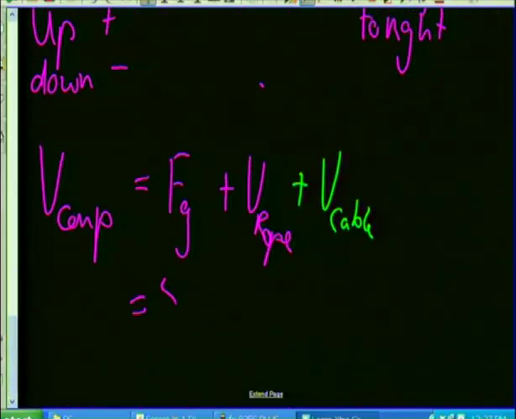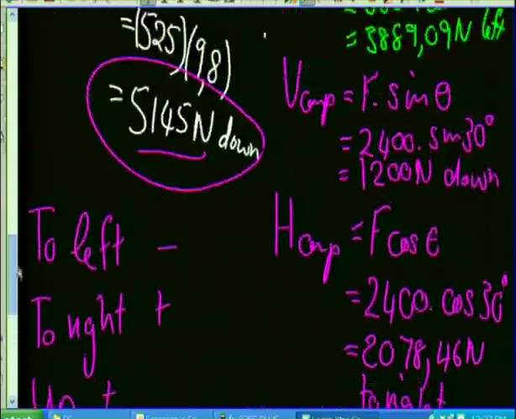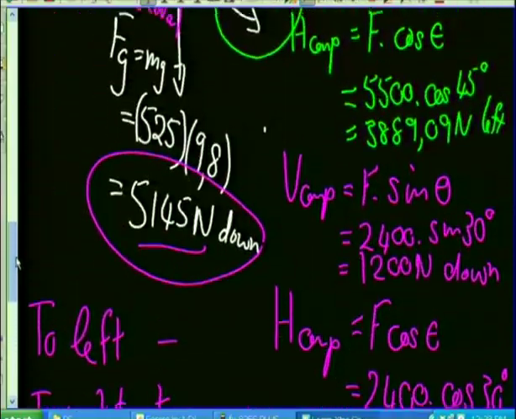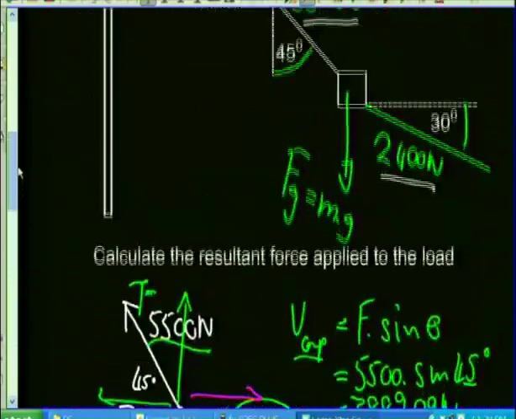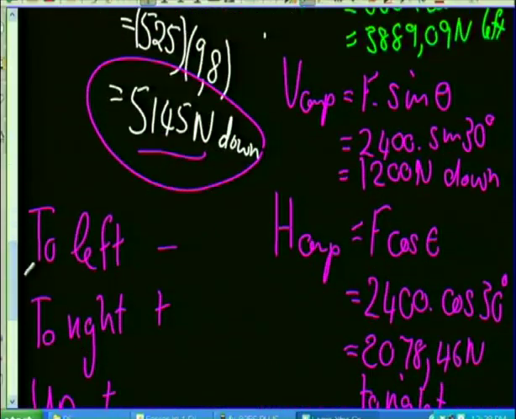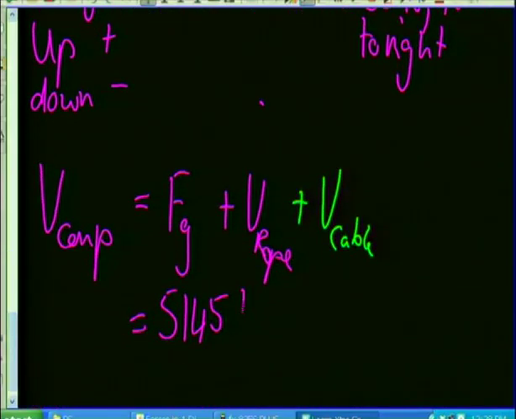5145, the vertical component of the rope, which was the one that I did in pink, the vertical component was 1200 down. Notice that these are both minus because they're down.